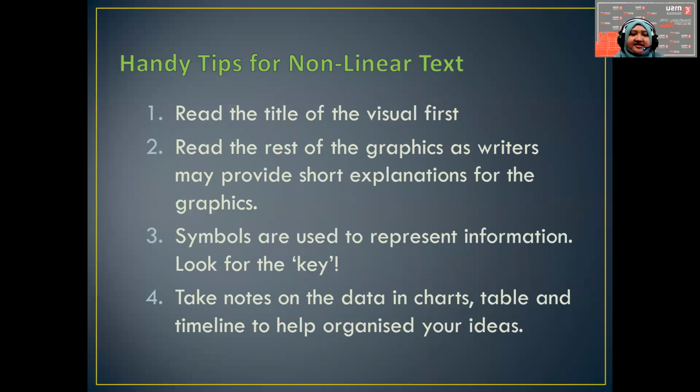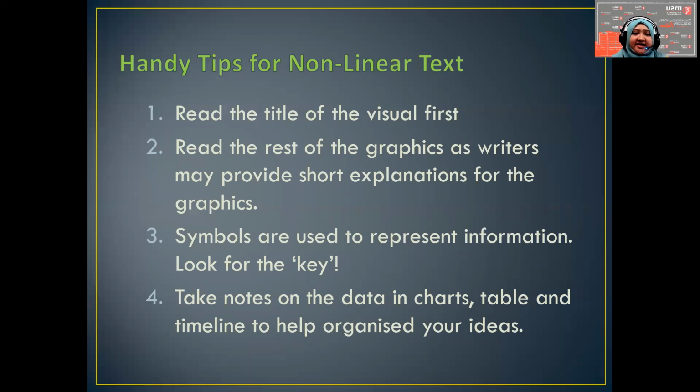Writers may provide short forms in the graphic, and sometimes for the value of 100, they just use a picture of maybe one person, an infographic. So when we see one picture of a person, like a silhouette, we know that this represents 100%, or half a silhouette is 50.